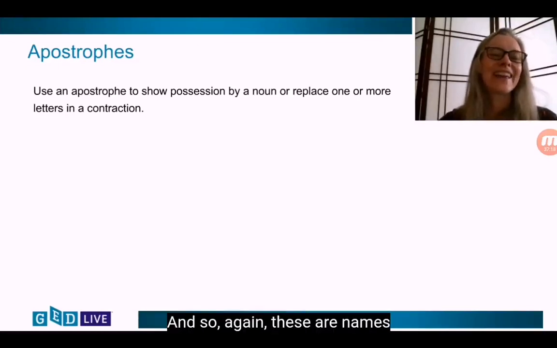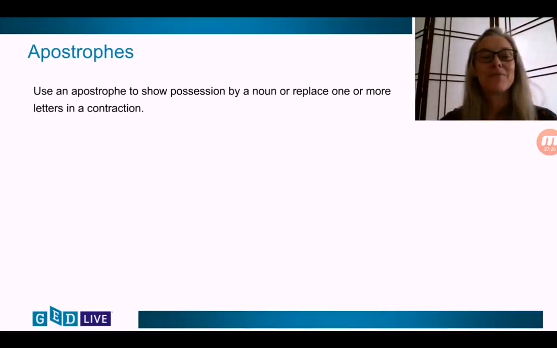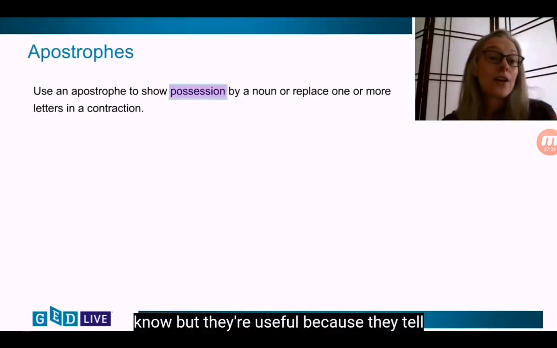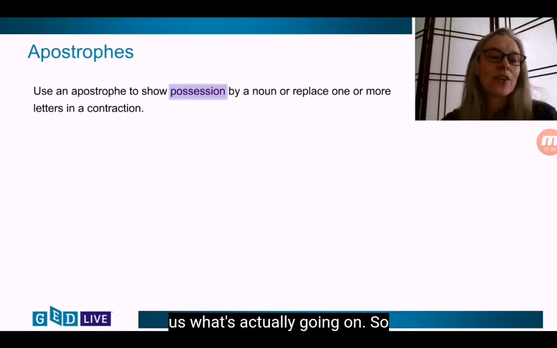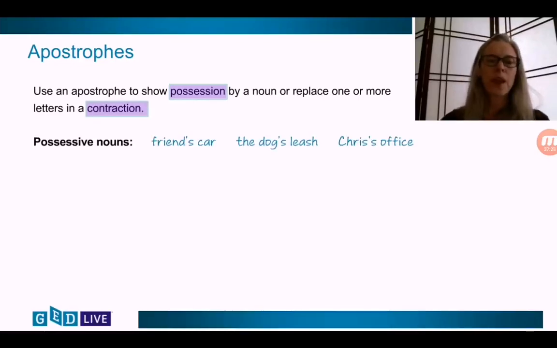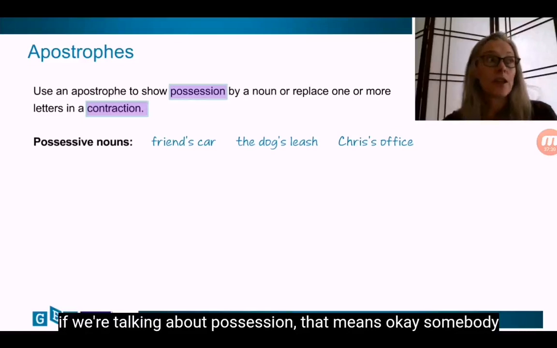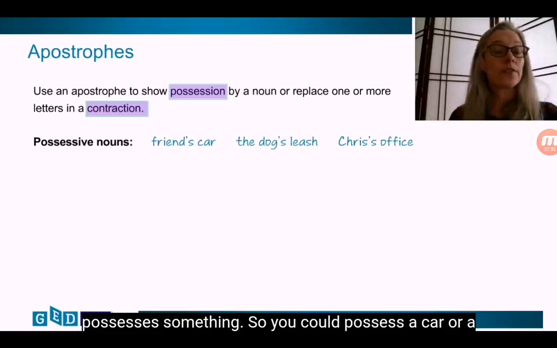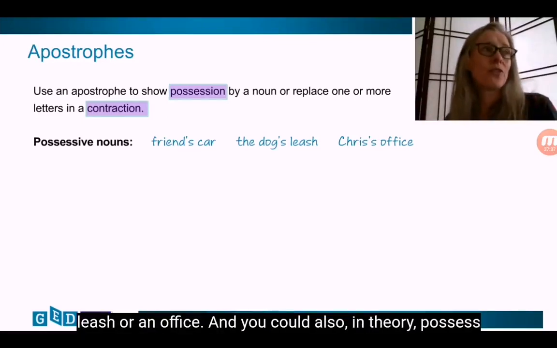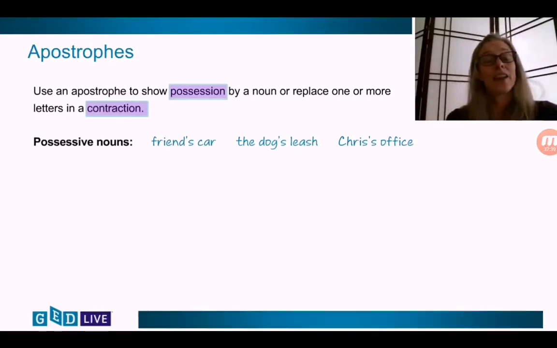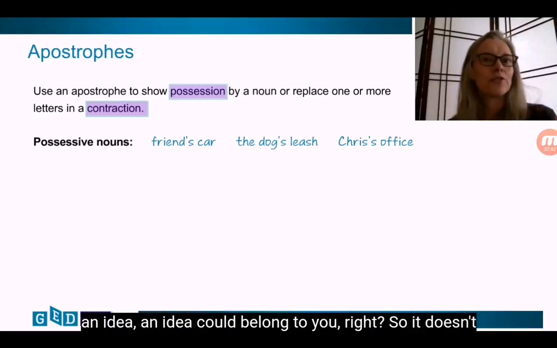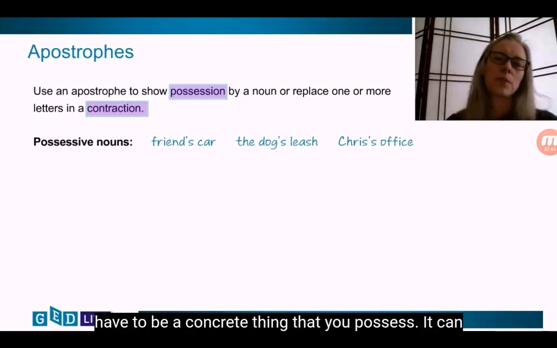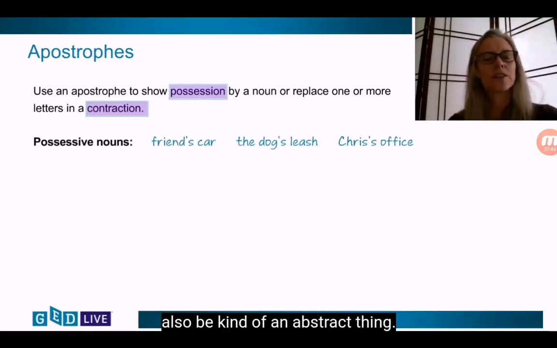And so, again, these are names that you don't really need to know, but they're useful because they tell us what's actually going on. So if we're talking about possession, that means, okay, somebody possesses something. So you could possess a car or a leash or an office. You could also, in theory, possess an idea. An idea could belong to you, right? So it doesn't have to be a concrete thing that you possess. It can also be kind of an abstract thing.